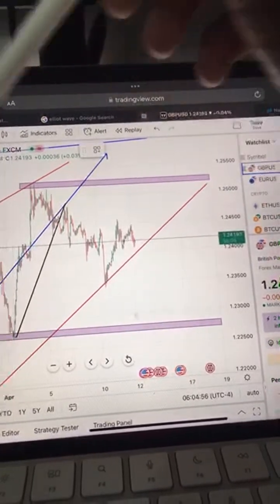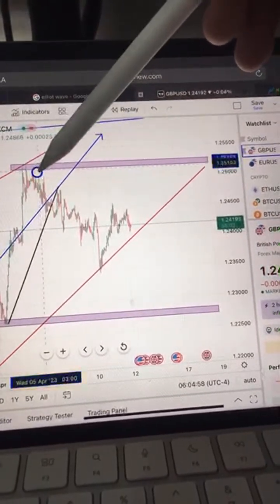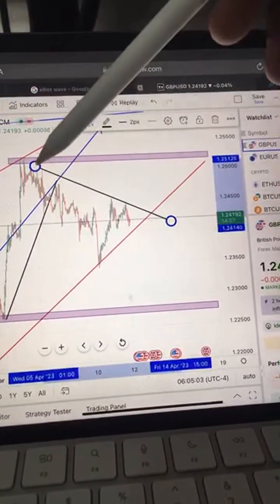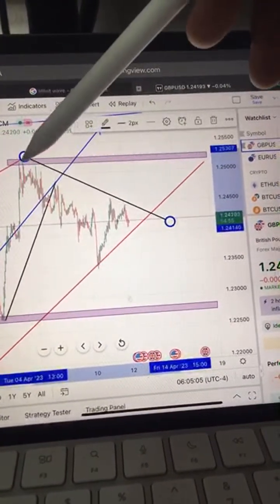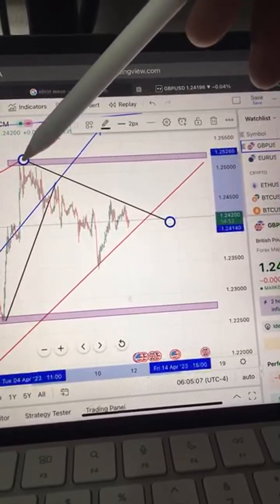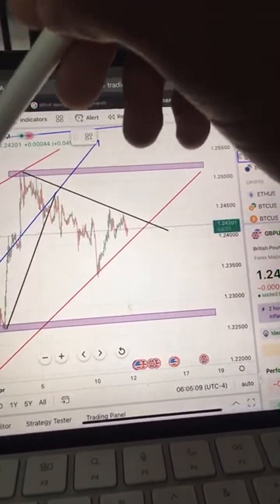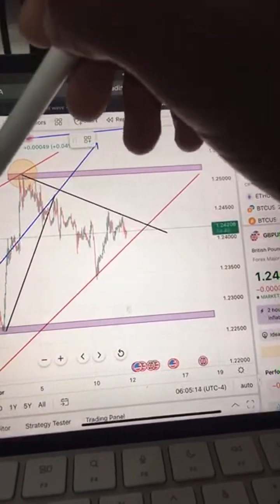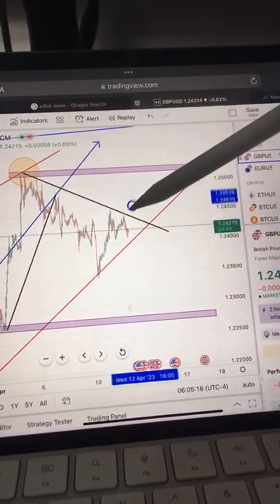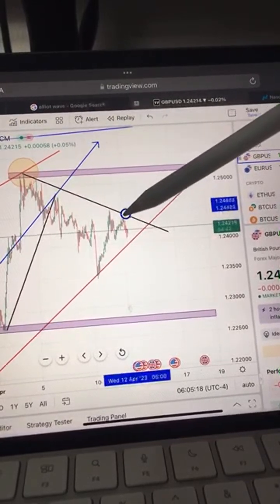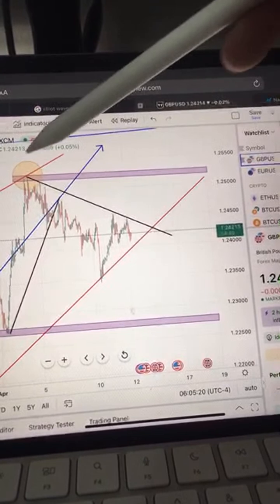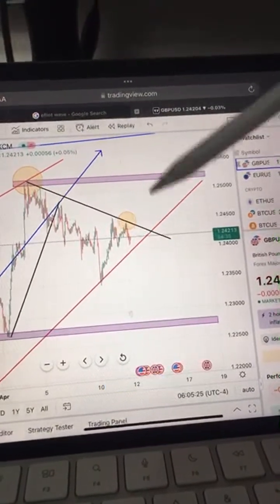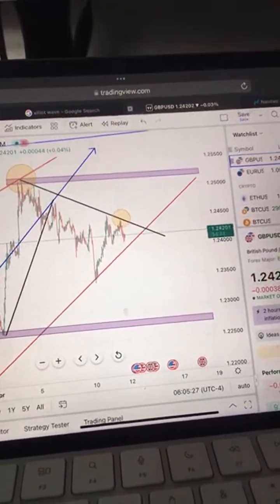And let me check if there is a confirmation for buy. The moment I have touch 1 and touch 2, I'm still waiting for my touch 3.